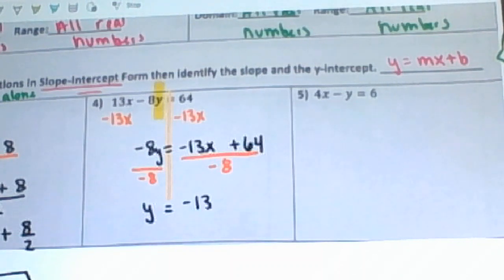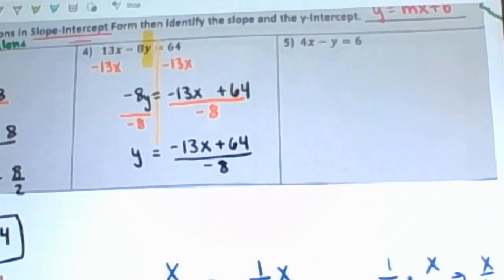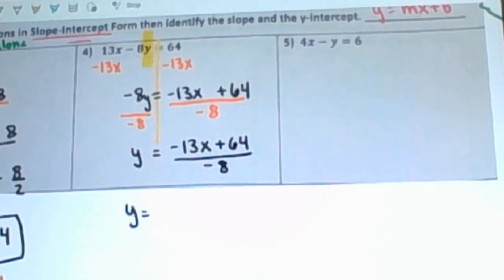So this is the answer. That's pretty good, but I'm going to separate and simplify. Simplify 64 over negative 8. And actually the negative over the negative is positive.